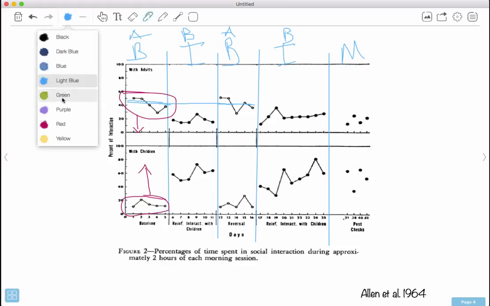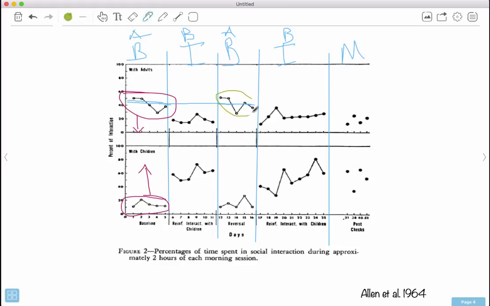And then here we have verification that when we reversed, the student went back to baseline levels regarding the amount of time spent with adults. And let's see if that happened with students. And we see yes, we have a verification here. This prediction is that the behavior would continue at this low level, and it's verified when we return back to baseline.